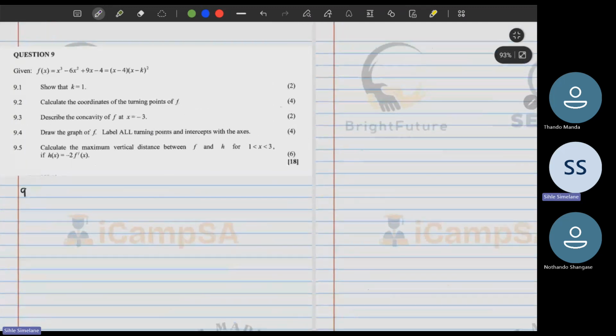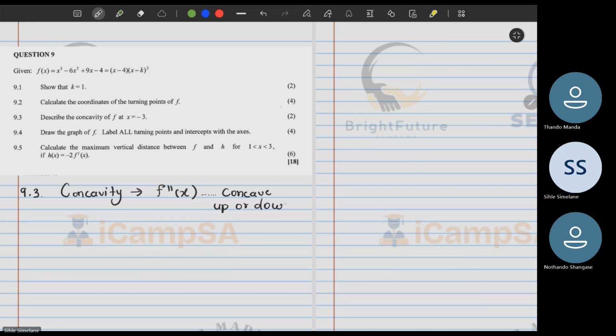So let's go and have a look at 9.3. So they are saying concavity. And once they say concavity, what should come to your mind is the second derivative. So it means they are trying to speak about either concave up or down. That is what is happening. Okay.